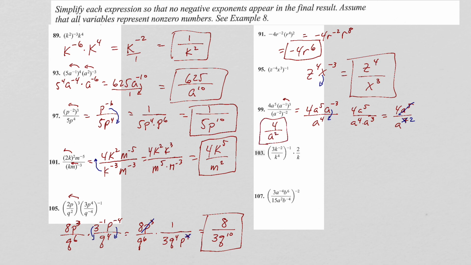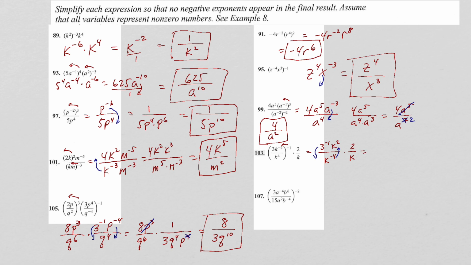Okay, we're going to bring this in, we're going to have 3 to the negative 1, k to the positive 2 when we multiply that in. On the bottom, we're going to have k to the negative 4. Now, I'm going to bring this up and this down.